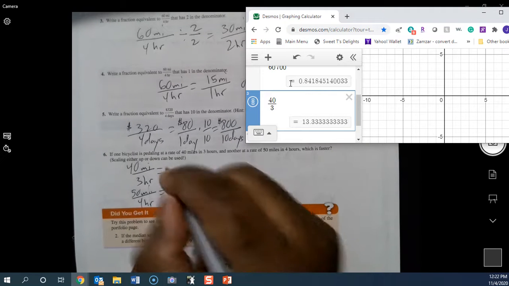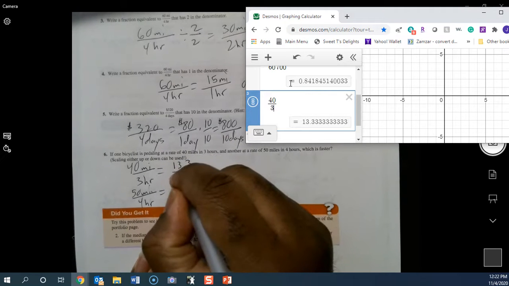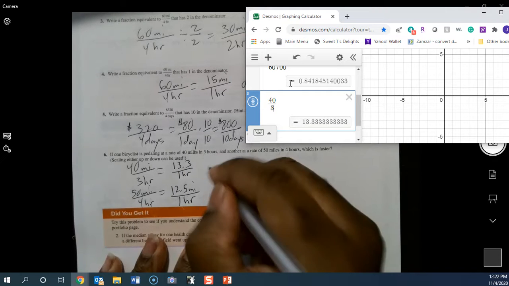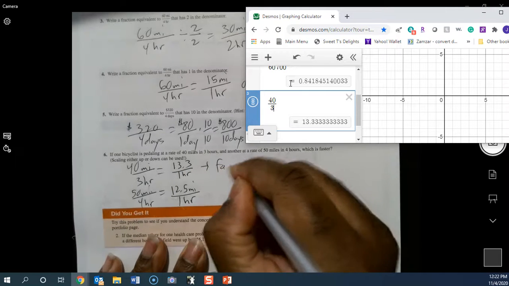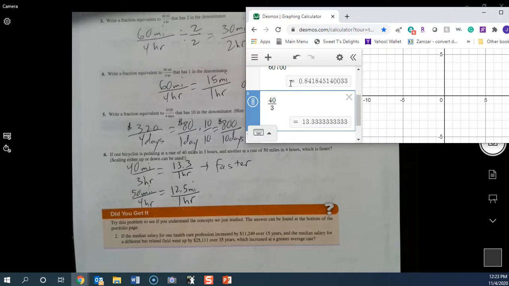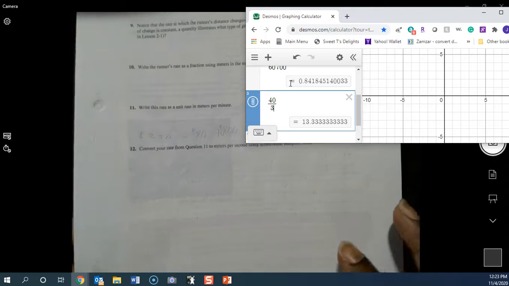And that would give us, if we round it to 1 decimal place, 13.3 over 1 hour. So basically, this is faster because 13.3 is larger than 12.5. So the 40 miles for 3 hours is faster. Okay, now we move on to the next page.